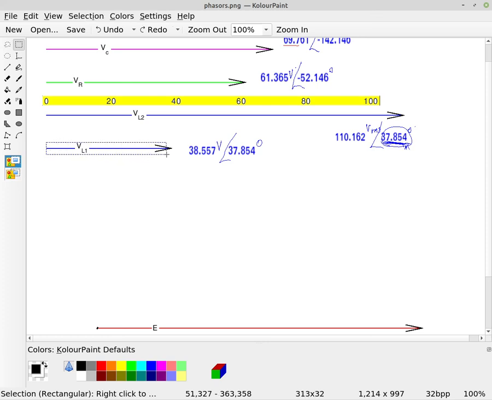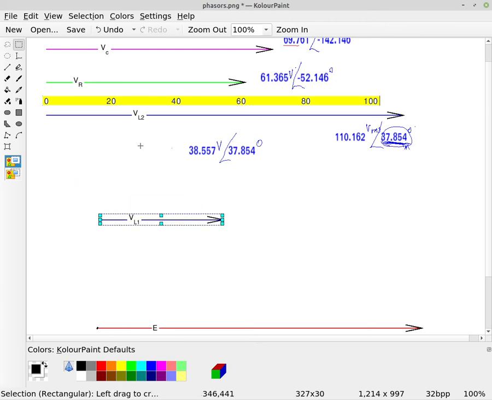So I'm going to copy this phasor, or actually I'll just drag it out of the way here. Then I'm going to come up here and rotate it. Now it says 37.8 degrees, and this software can't do 0.8 degrees, so I'm just going to estimate it by rounding up to 38.